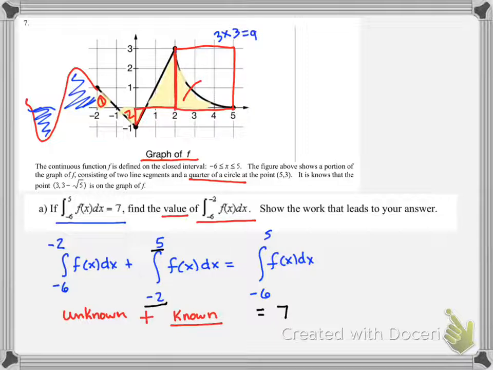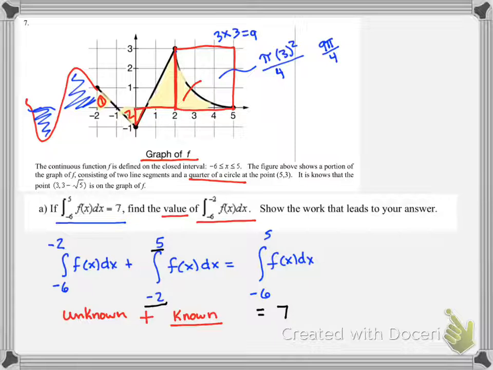And then if we thought about this quarter circle, well, that would be pi r squared, with r of 3, divided by 4 because it's a quarter circle. So this is going to be 9 pi over 4.